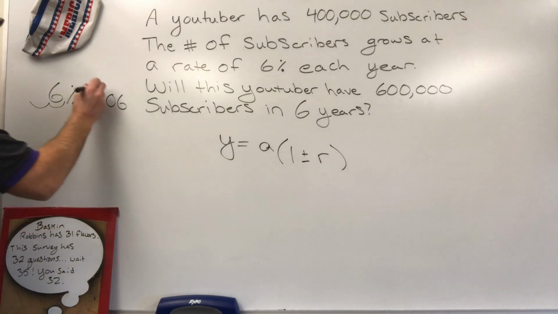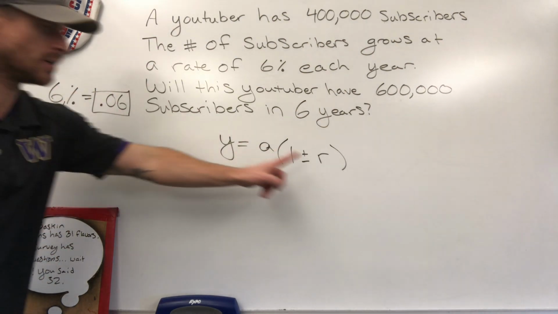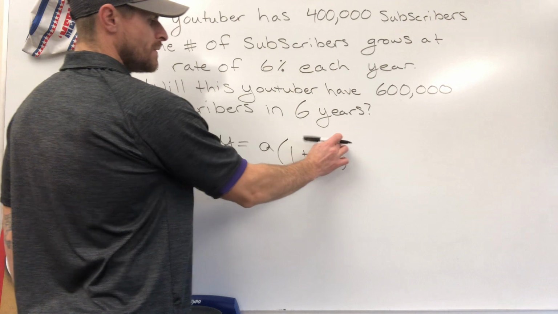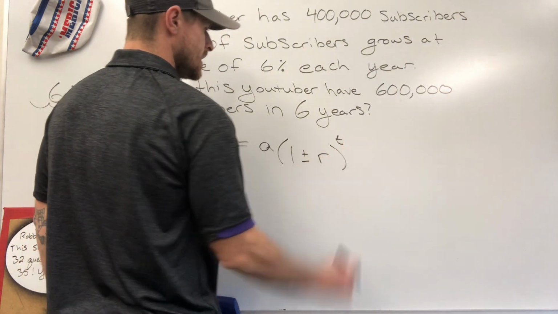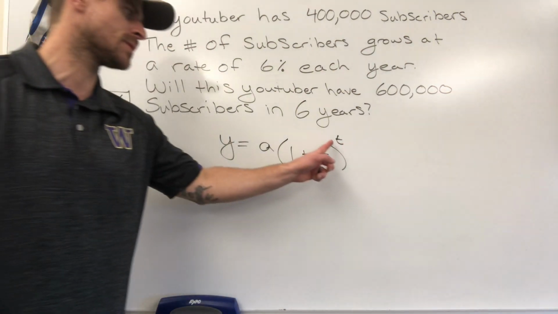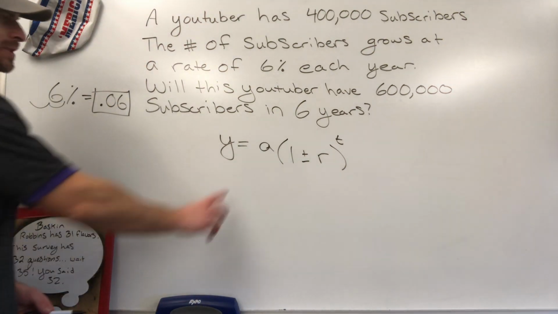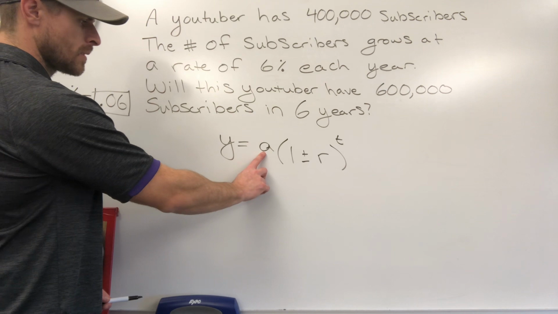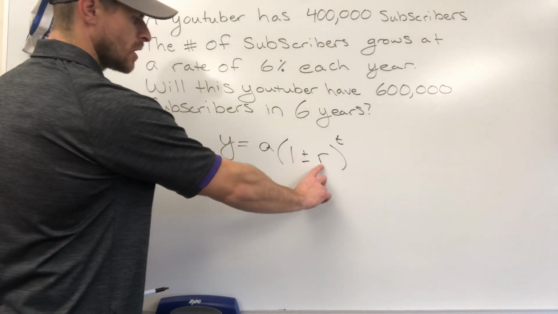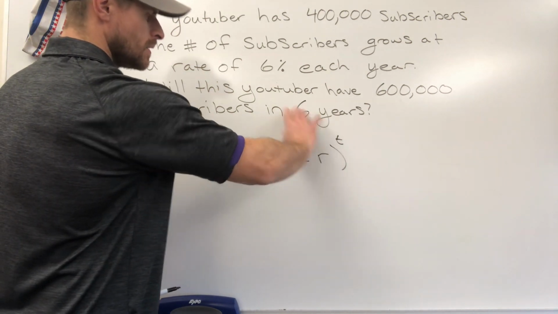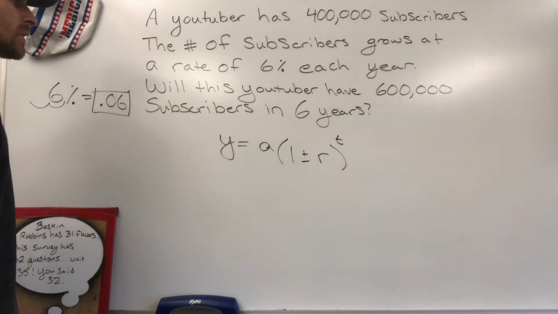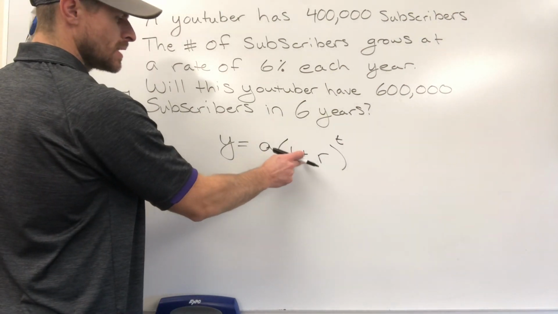Okay, so I'm just going to keep that number off to the side because we're going to use it here in a little bit. And then up above here, we need an exponent of t. Now you could probably guess what t is representing, but if you're not sure, it's time. Okay, so we got y equals a, our initial amount, 1 plus or minus our rate of change to the power of the time we're talking about. Well, which decides if it's plus or if it's minus?